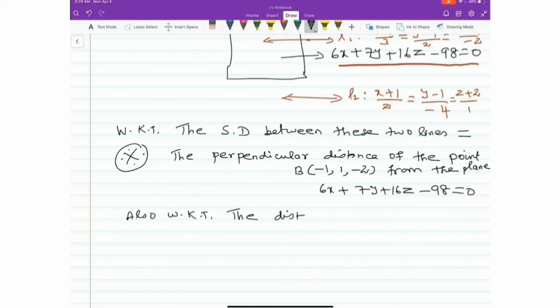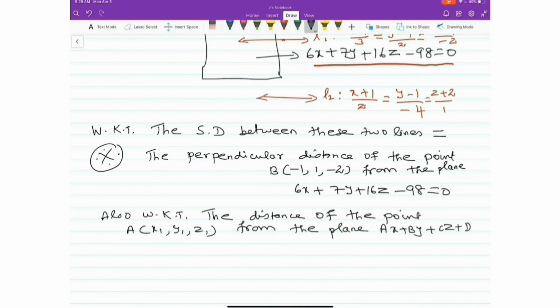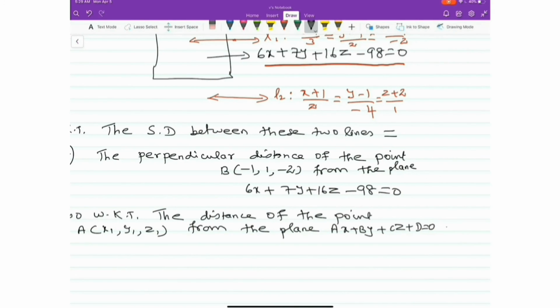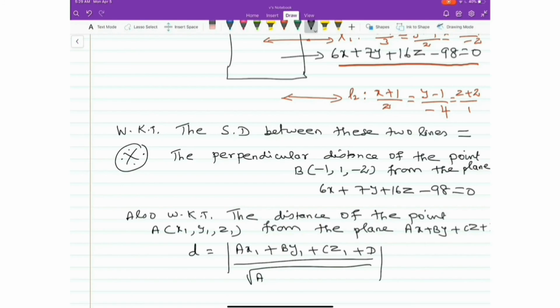The distance of the point A (x1, y1, z1) from the plane ax plus by plus cz plus d equal to 0 is, if you take the distance as small d, which is equal to the magnitude of ax1 plus by1 plus cz1 plus d, by square root of a square plus b square plus c square units.